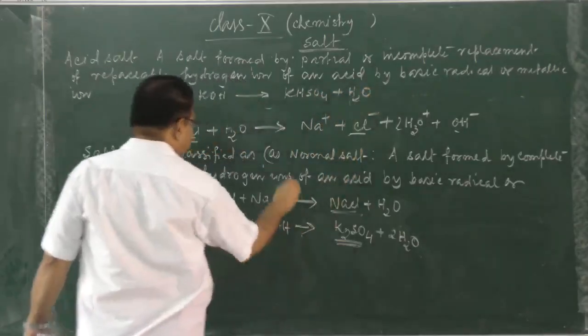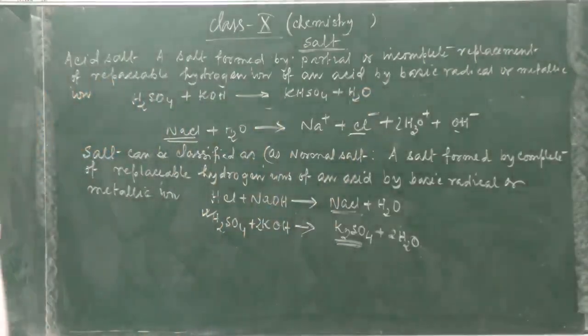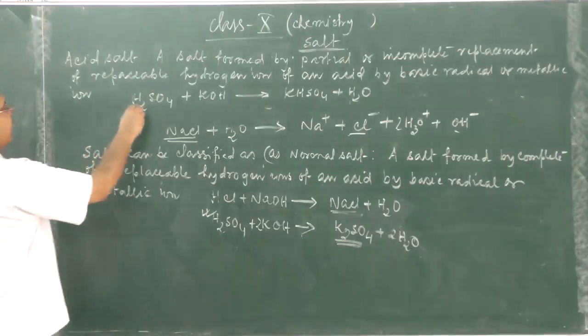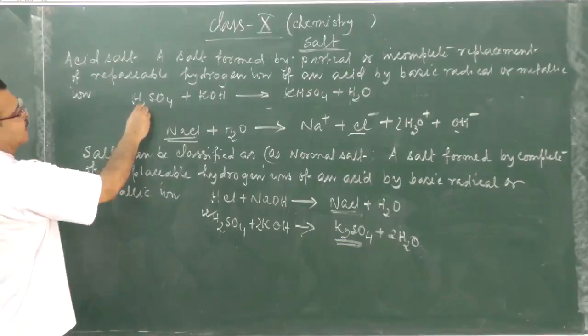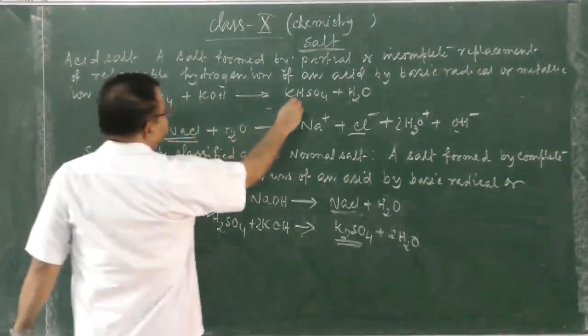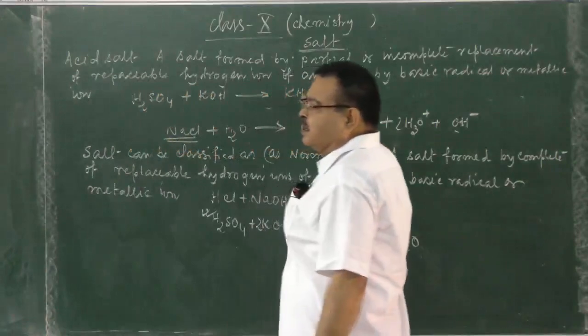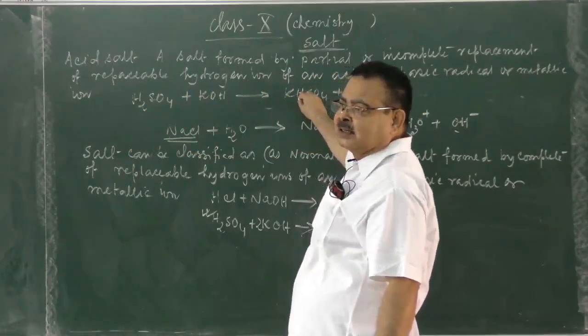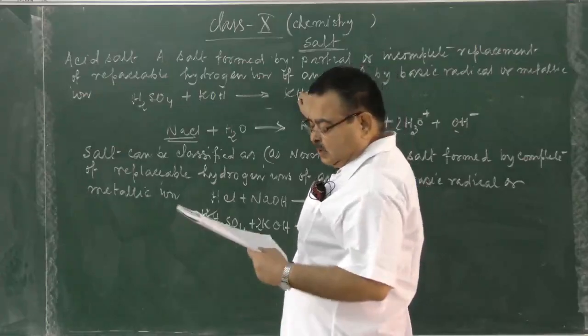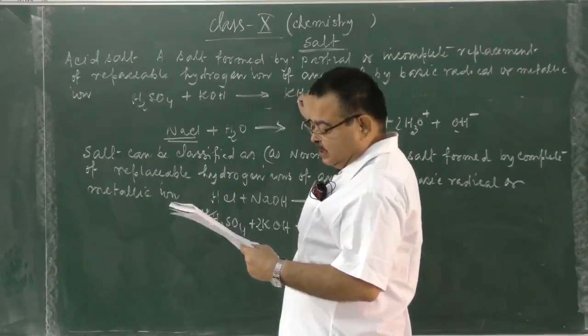Quite different from the normal salt example. What happens? Here both hydrogen ions in the sulfuric acid are not replaced, only one is replaced. That's why one hydrogen ion is also present in this salt. Understood? So that is acid salt.